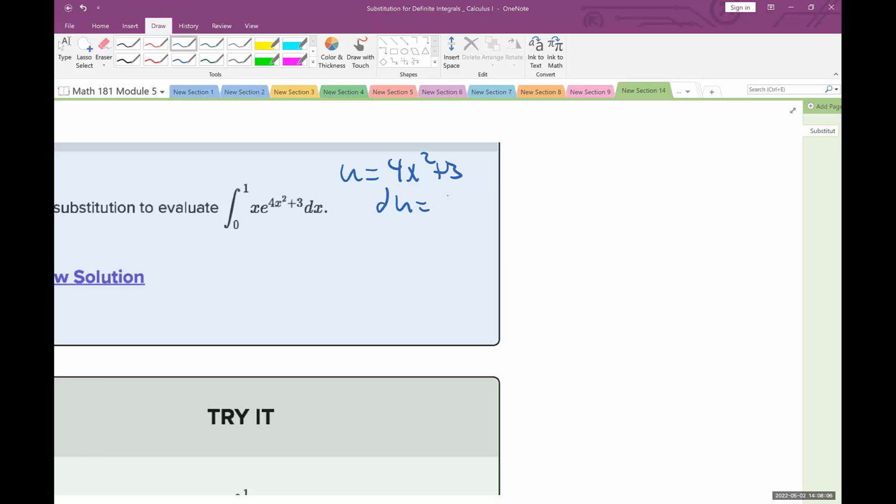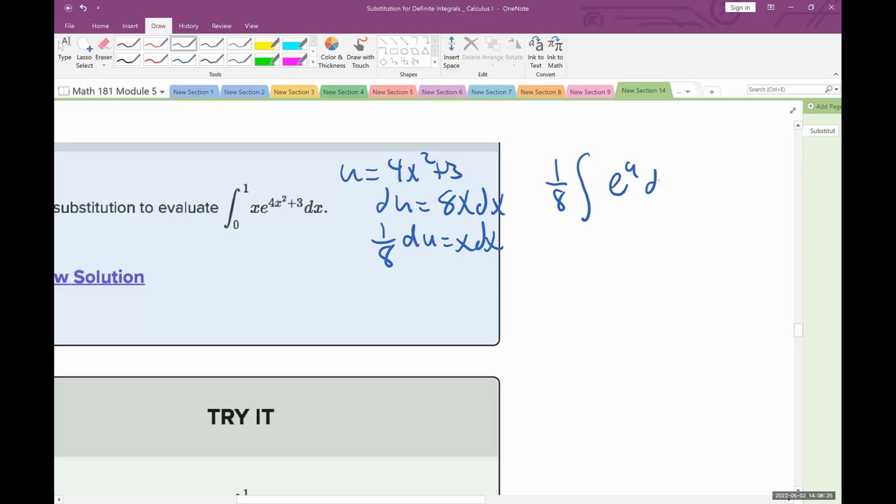What's the derivative of 4x squared plus 3? 8x dx. Good. So we need 1/8 du gives us x dx. So we're looking at the integral of 1/8 of e to the u du.